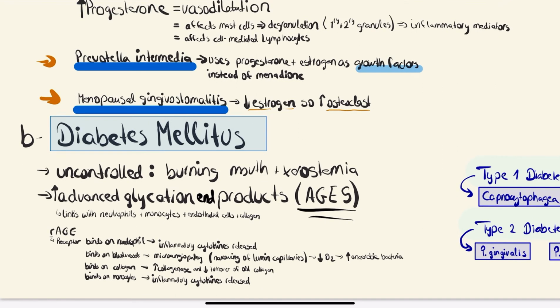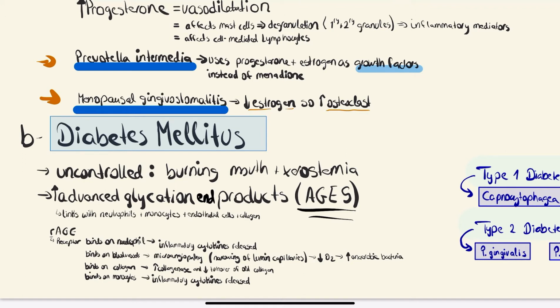Regarding these AGEs, we have the receptor, also called RAGE. This binds on neutrophils, blood vessels, collagen, and monocytes.